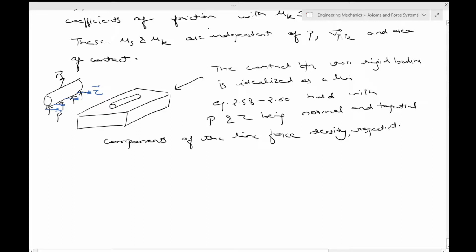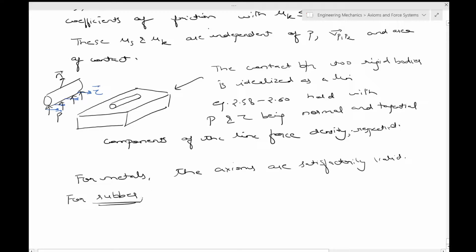Okay, so for metals the axioms are satisfactorily valid. Okay, but say for rubber, mu will decrease with increase in P, so it's not independent.